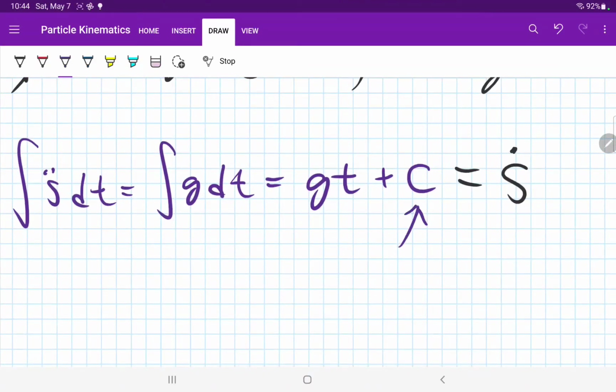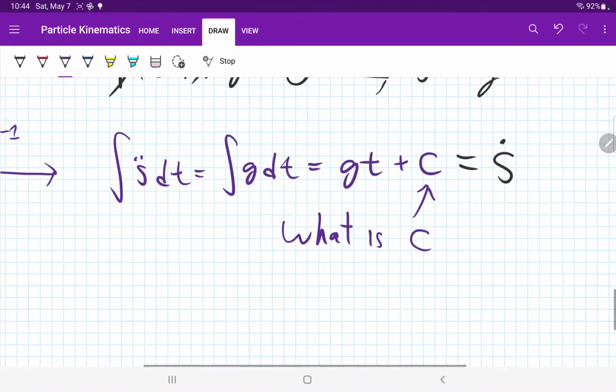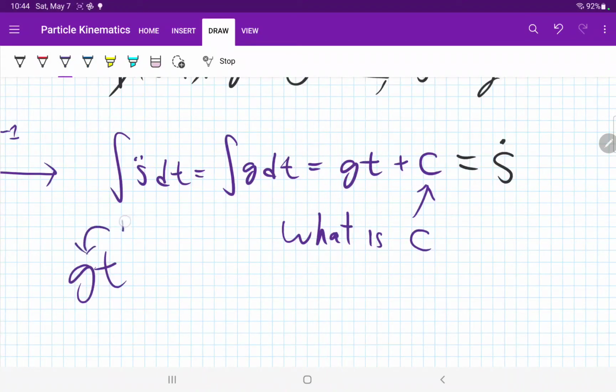But then what is c? What is c? Okay, well, notice that gt, this is meters per second squared, and this is seconds. So then c, our constant, is probably some velocity v0, right? Because it's our initial condition.